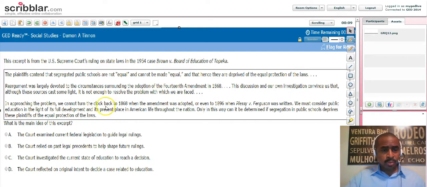In approaching the problem, we cannot turn the clock back to 1868 when the amendment was adopted, or even to 1896 when Plessy versus Ferguson was written. We must consider public education in light of its full development and its present place in American life throughout the nation. Only in this way can it be determined if segregation in public schools deprives these plaintiffs of the equal protection of the laws. So the question here is, what is the main idea of this excerpt?